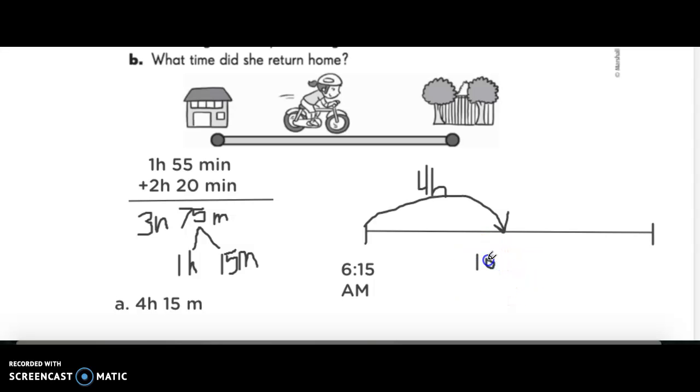So our next jump will be at 10:15. And then we still need to jump an additional 15 minutes to get to that end time. So 15 minutes added to 10:15 would bring us to 10:30 a.m.